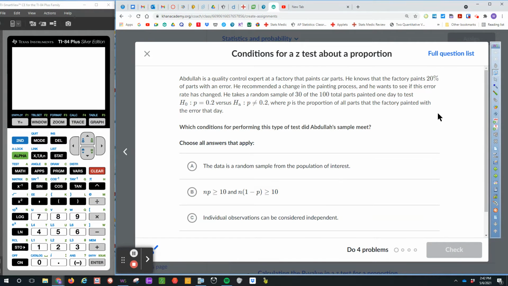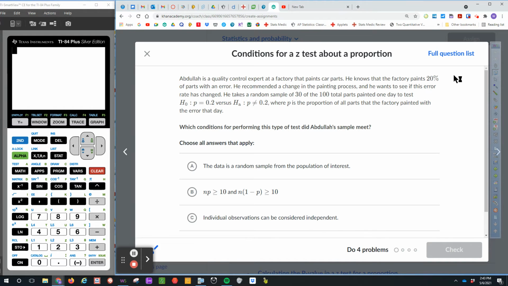Abdullah is a quality control expert at a factory that paints car parts. He knows that the factory paints 20% of the parts with an error. He recommended a change in the painting process, and he wants to see if this error rate has changed. He takes a random sample of 30 of the 100 total parts painted one day to test the hypothesis.